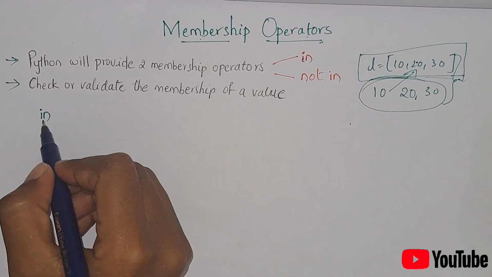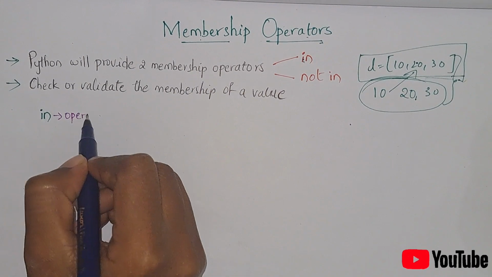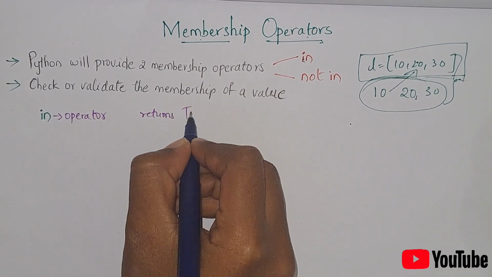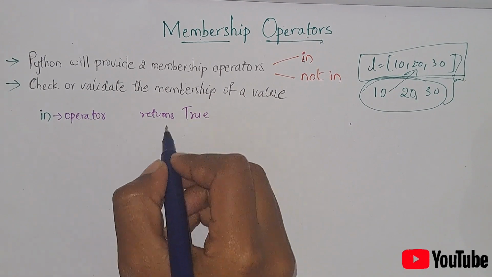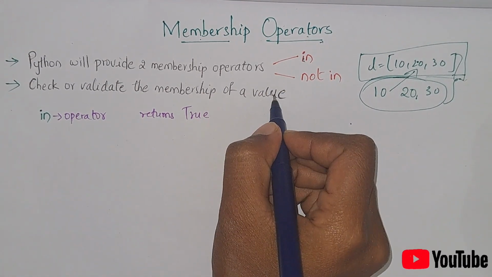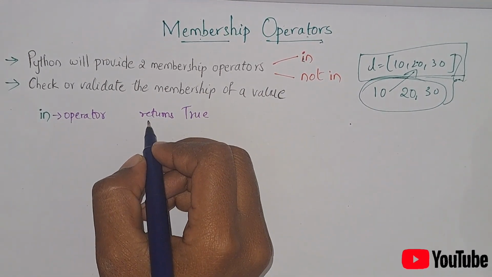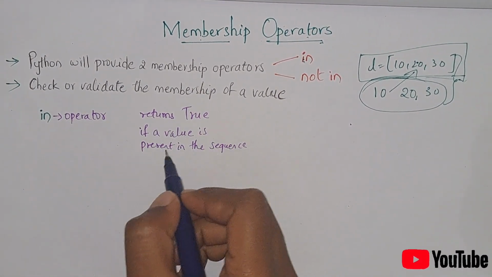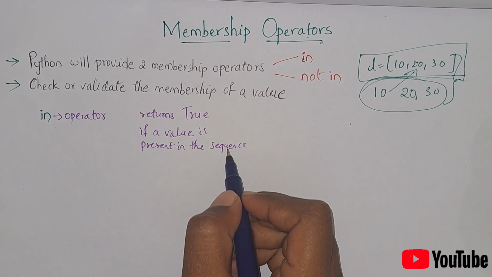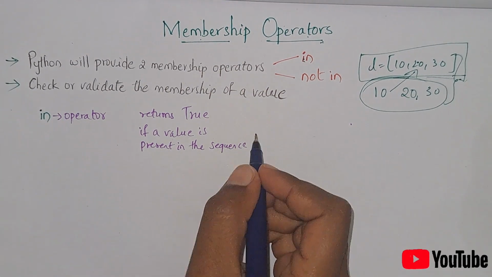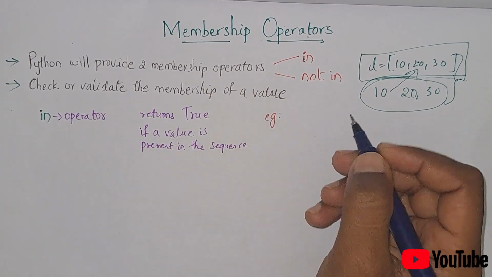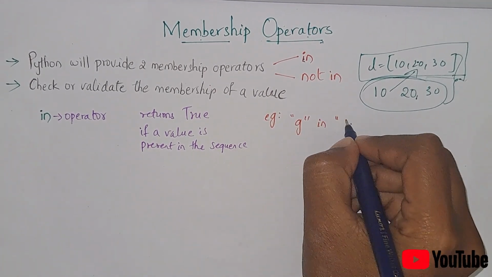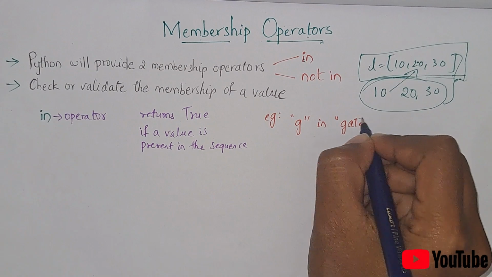The in operator returns true when the value is present in the sequence, otherwise it returns false. Let us take an example: G in gate.